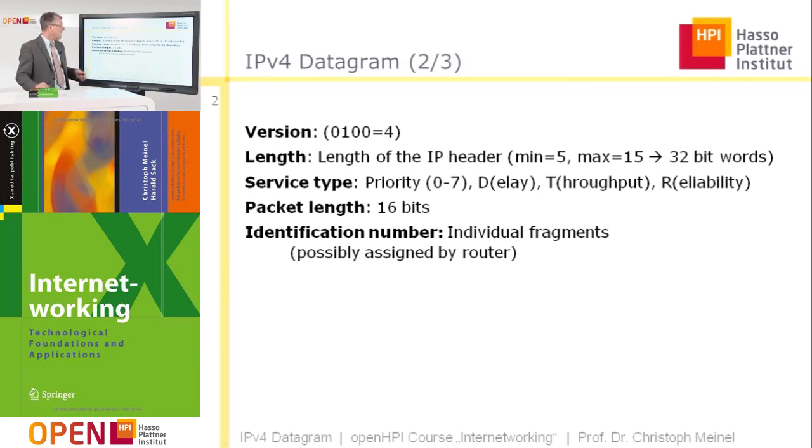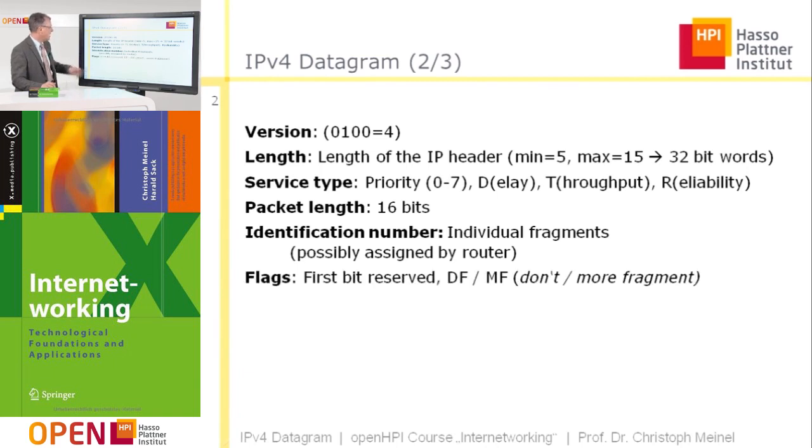Then we have an identification number, which is used to describe the individual fragments. This identification number may be assigned by routers which perform the fragmentation task. Then we have flags.